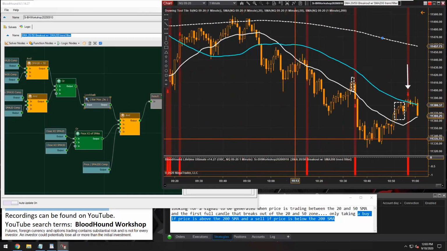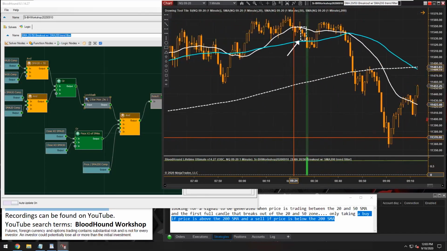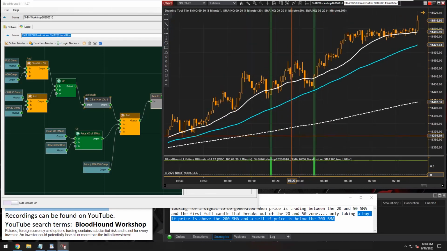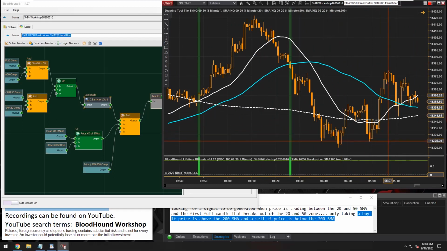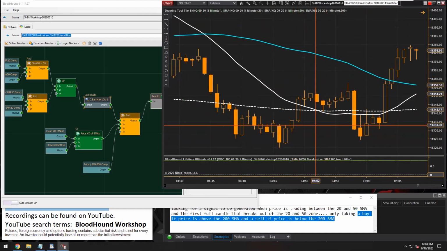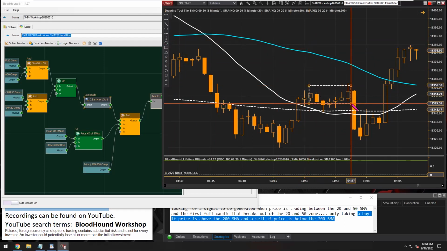All right, so I'm going to have to scan through the chart and see if there are any other signals missing. So here's an interesting situation. We have some bars in between the two moving averages.